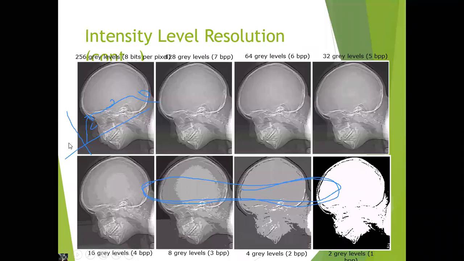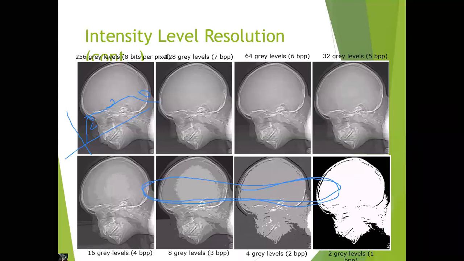So if you see different pictures with different gray levels, the quality is good for 256 gray levels. 8 bit, 256, means 8 bits per pixel. And if you go to the least case, there is only 1 bit per pixel, that is called 1 bit.